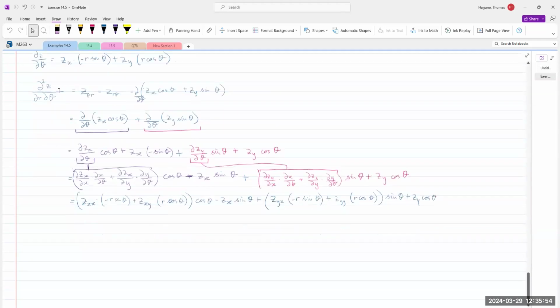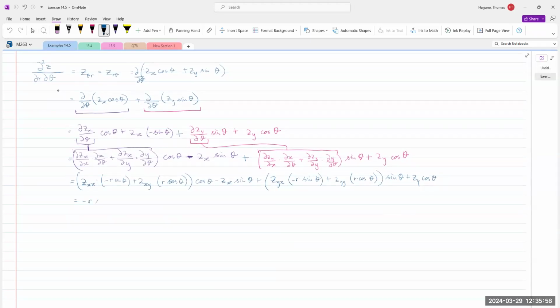It was defined as usual. So this will then be negative r sine theta cosine theta z sub xx plus r cosine squared theta z sub xy minus z sub x sine theta, and then negative r sine squared theta z sub yx, which is the same as xy, like I'm doing this times this.